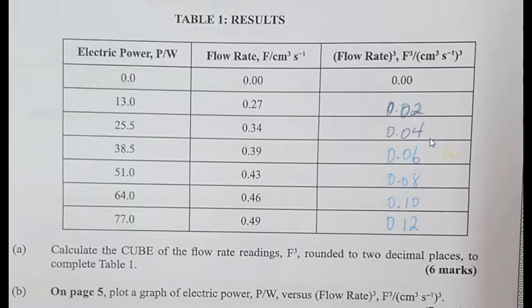So now that we have completed the table, by finding the value for the flow rate cubed, we can go ahead and move on to part B.